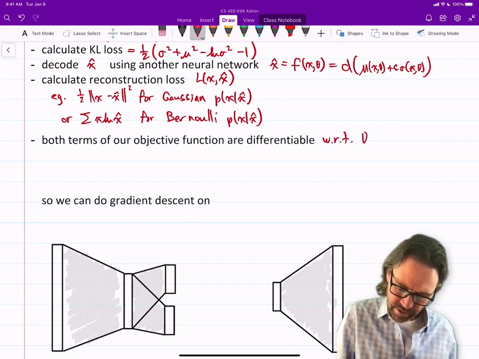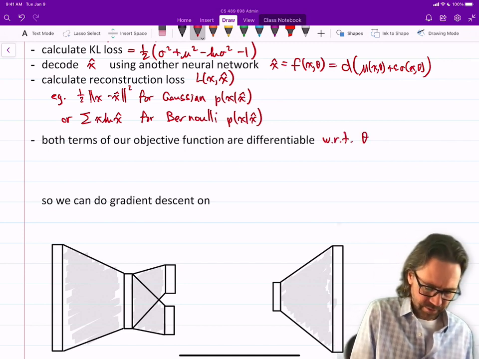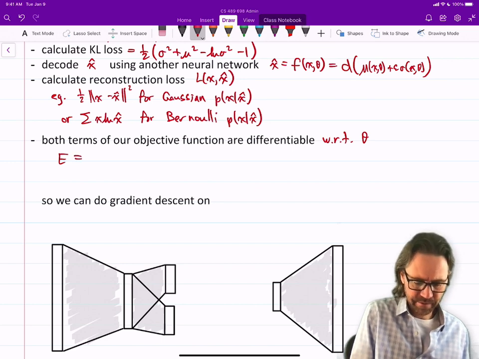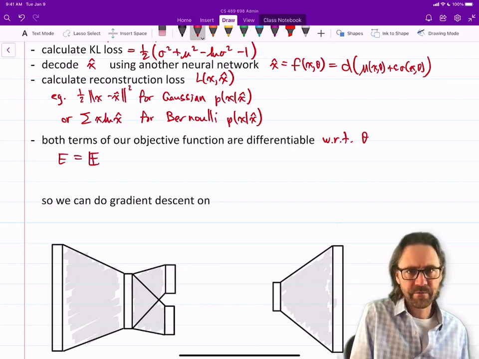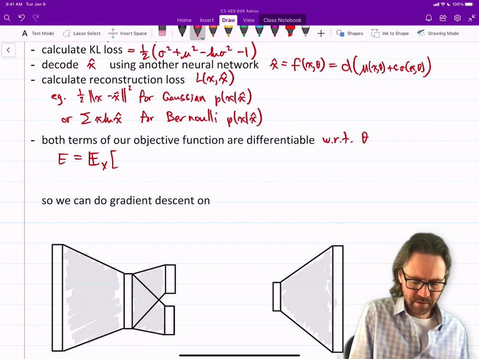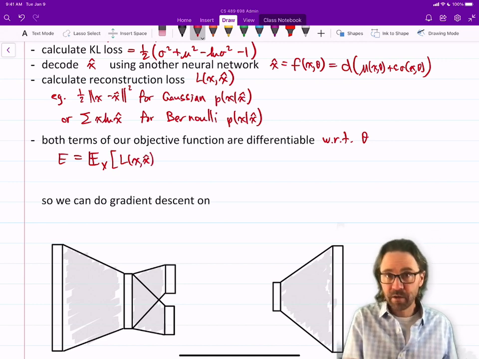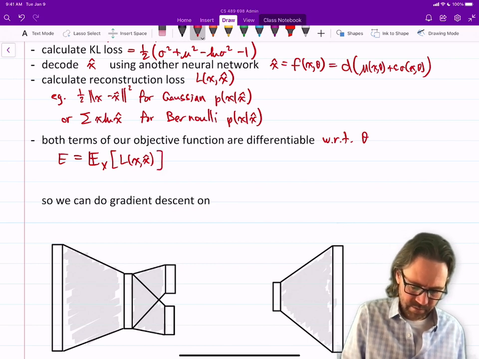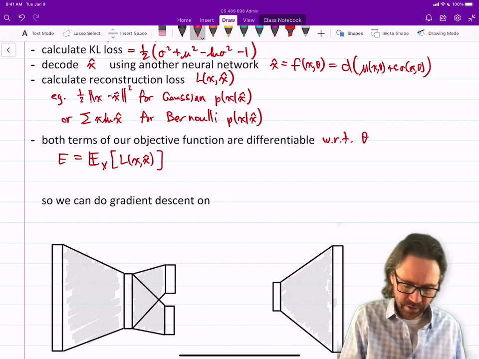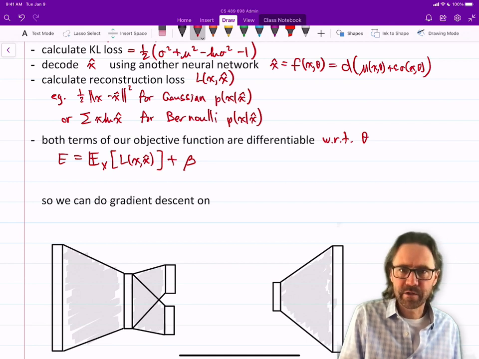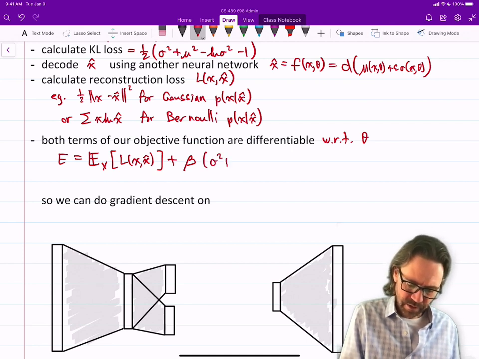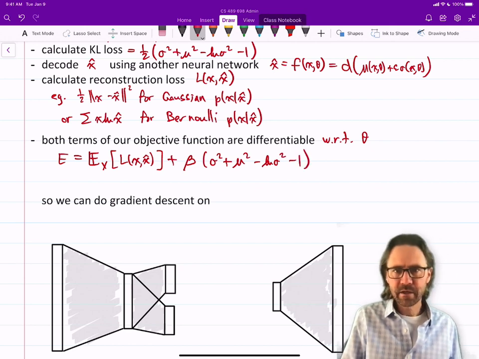So our objective function is the expected value over all of our input data, our data set, of L of x, x hat, where x hat is our output from our encoder-decoder, plus beta, which I'll talk about in a second, times sigma squared plus mu squared minus ln sigma squared minus 1.